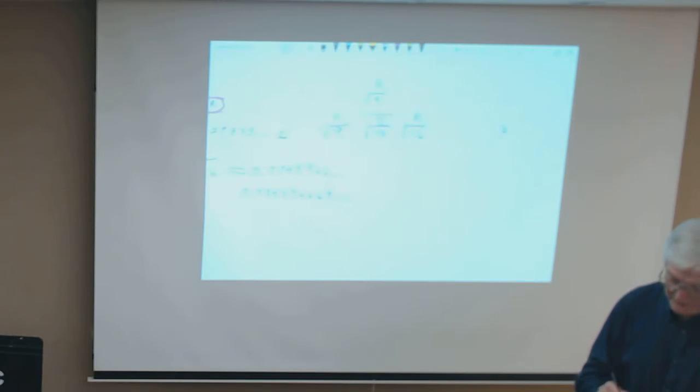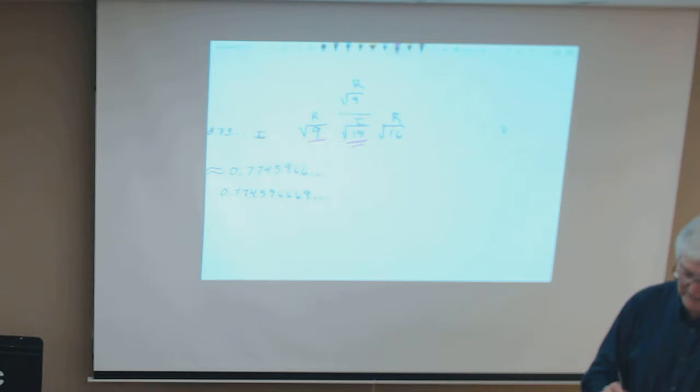Okay, let's put the square root of 15 right out here. And in front of the square root of 15 is the square root of 9, because that's 3. After the square root of 15 is the square root of 16, because that's 4. And both of those are rational. So what does that make the square root of 15? It's between the square root of 9 and the square root of 16, so it's an irrational number.